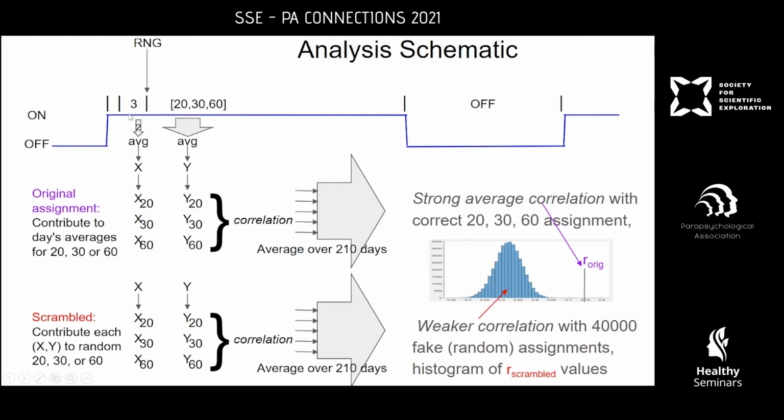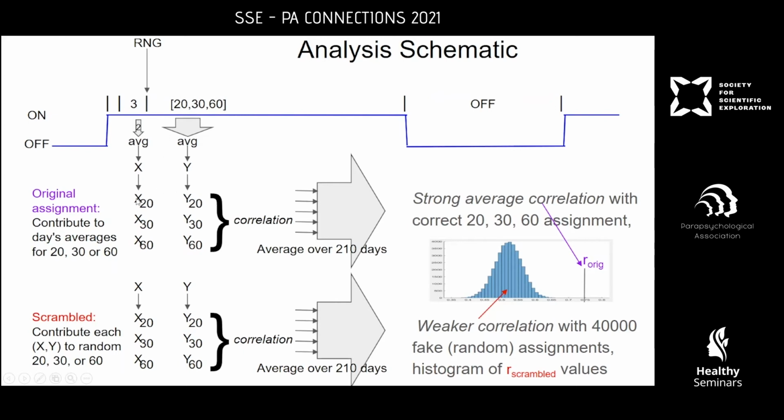Okay, so now what we do is, depending on the duration of that trial, we sort those XY values so that they contribute to either an average of the 20. So in other words, all the X's for the 20 duration trials get averaged, and all the Y's for the 20 duration trials get averaged.